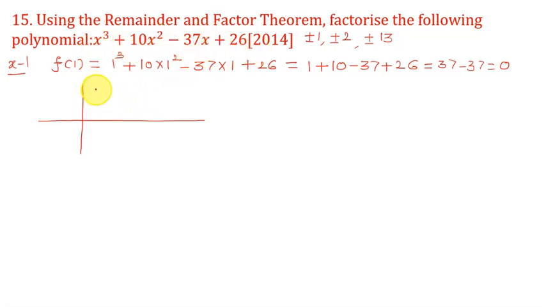The coefficient of x cube is 1, x square is 10, x is minus 37, and the constant is 26. Now x minus 1 is a factor, therefore here we put 1. 1 plus 0 is 1, 1 into 1, 1. 10 plus 1 is 11, 11 into 1 is 11, and here is minus 26.